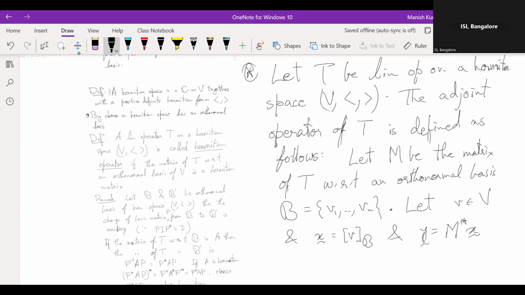So y is some column vector. Now you define T star of v to be summation yi vi, i equals 1 to n.